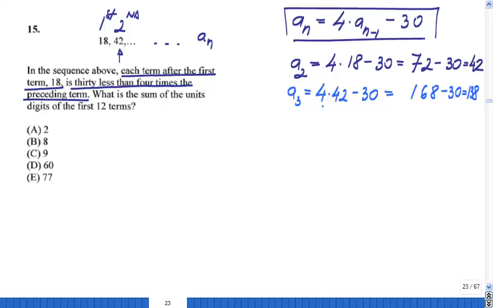The question says, what is the sum of the units digits of the first 12 terms? And if you're looking here in your problem, the first unit is 8 from 18, the second unit is 2, the third seems to be 8, right? So I know the next unit is going to be 8. Let's check the next one.